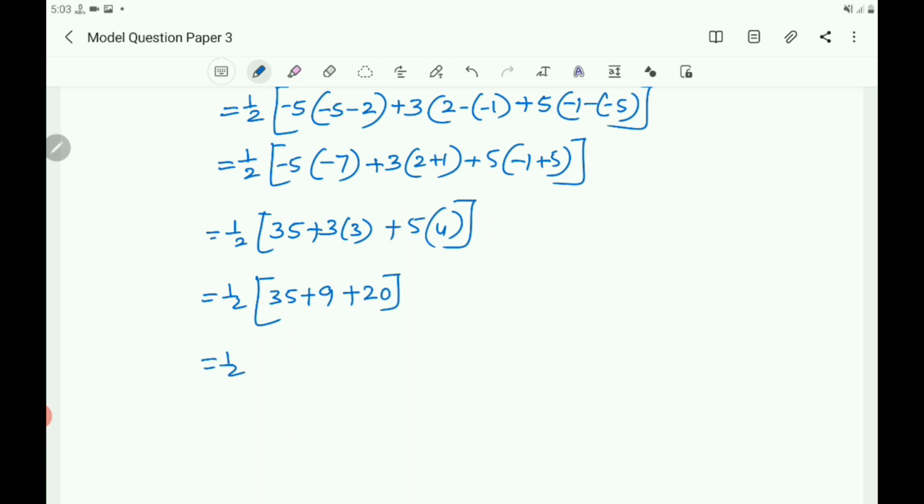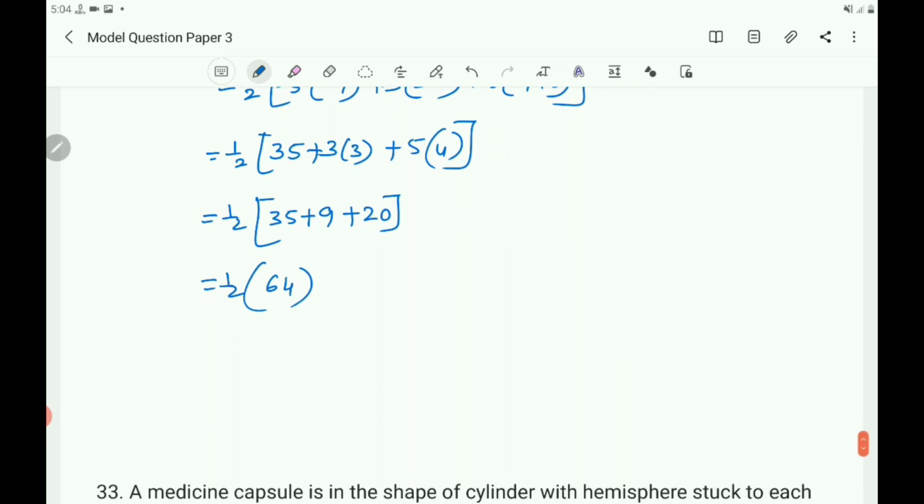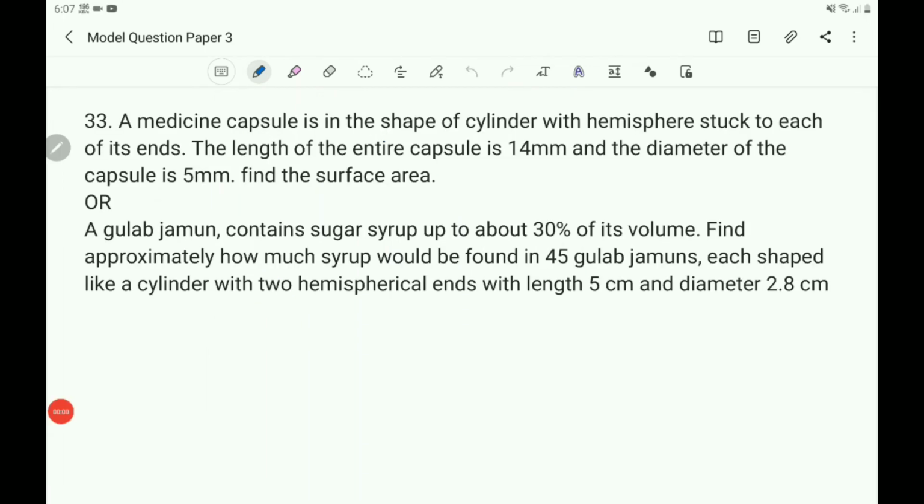Then half into 35 plus 9 is 44, 44 plus 20 is 64. Then 2 1s are 2, 32 2s are 32.